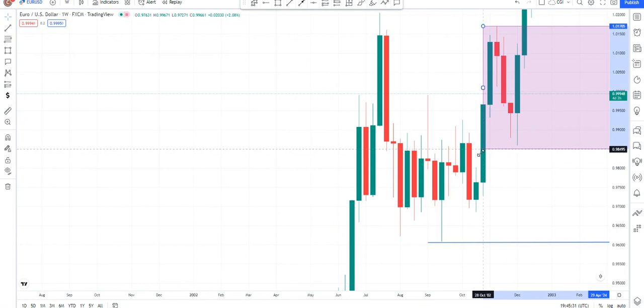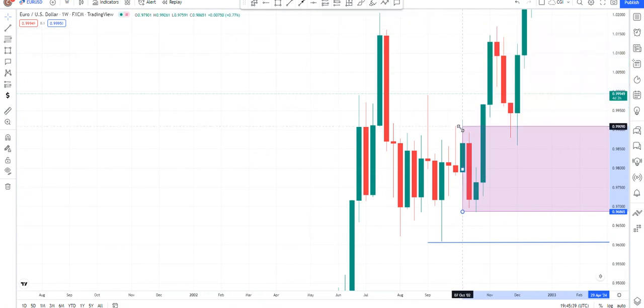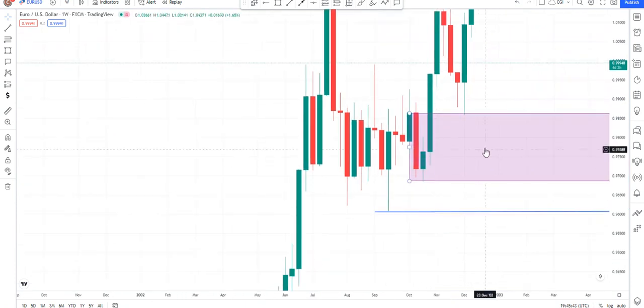But let me just draw this place to this place. So this place is an order block. Okay. Euro USD might react somewhere in the middle of this other block. So that's the main threshold. So it might react before then or at that point.